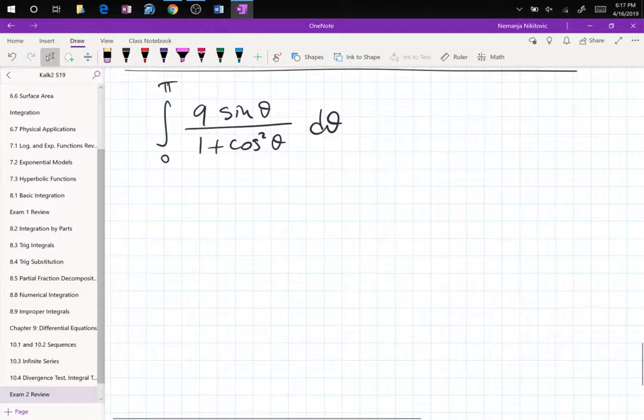Can you take a 9 out? Yes. We can kick 9 in front of the integral here.